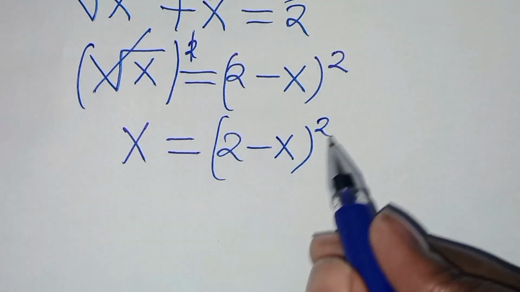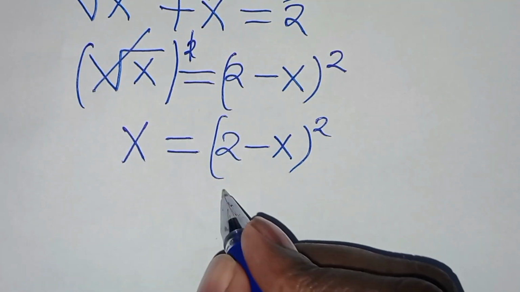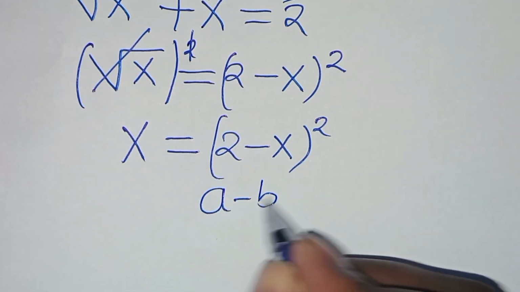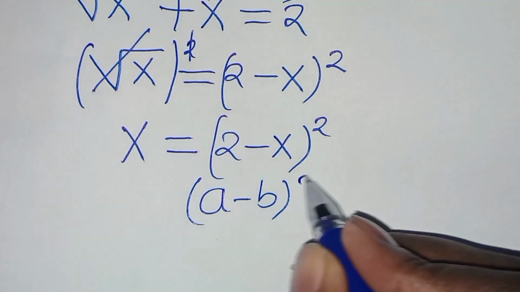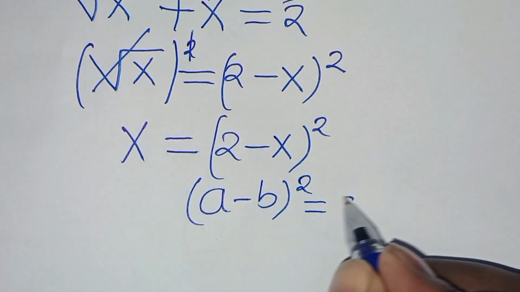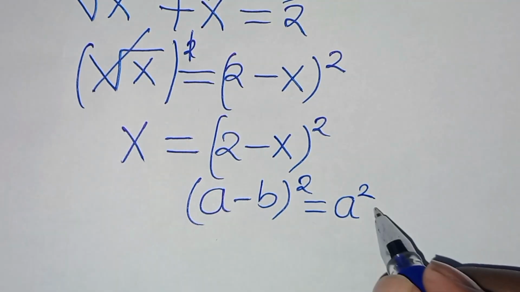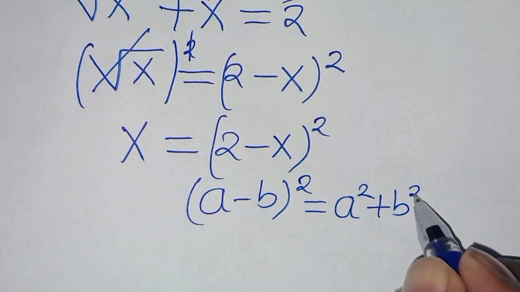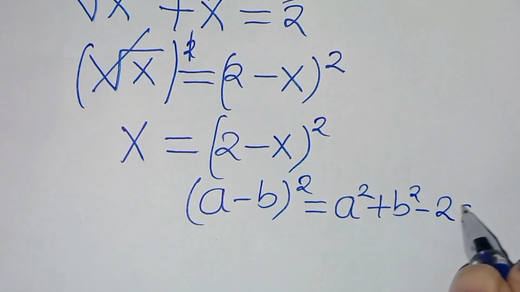So 2 minus x raised to power 2 is in the form of a minus b raised to power 2, which we can express as a squared plus b squared minus 2 times a times b.